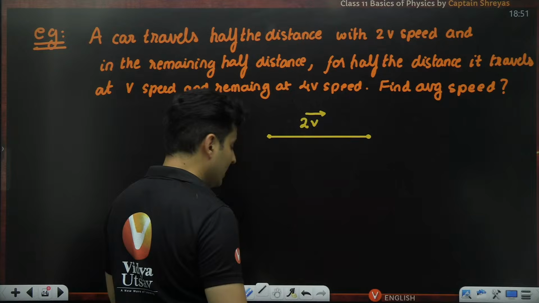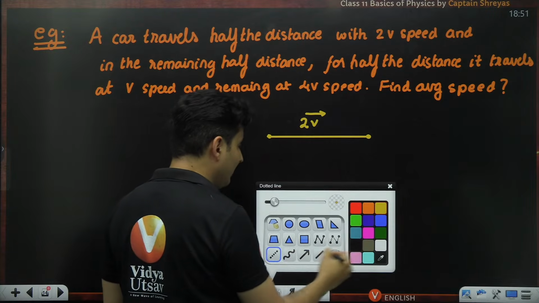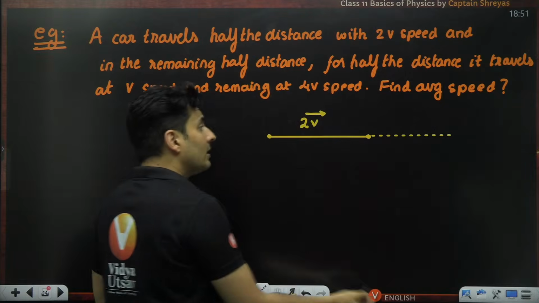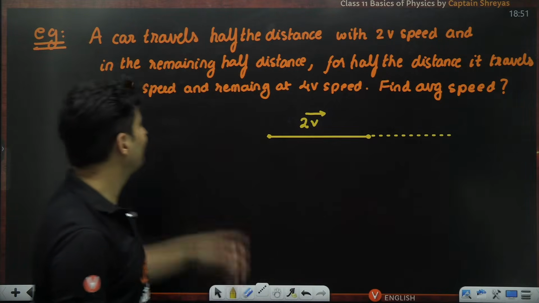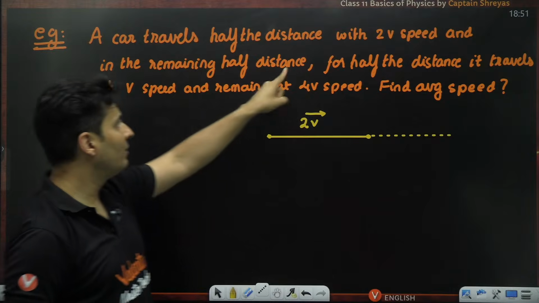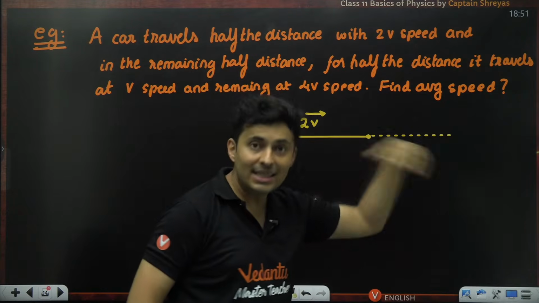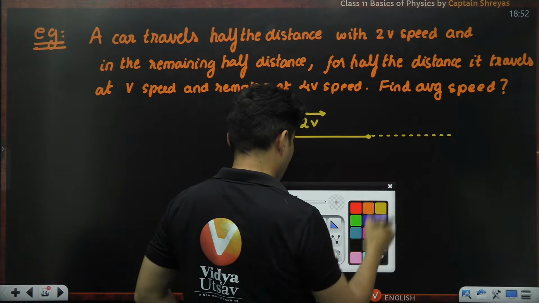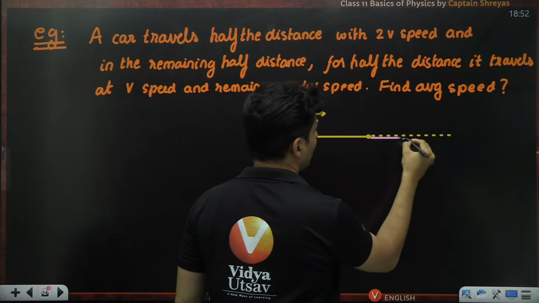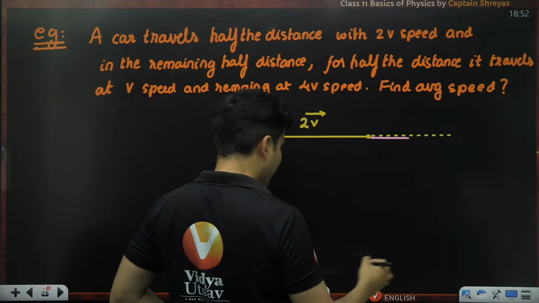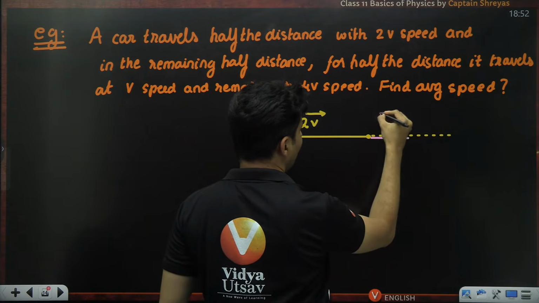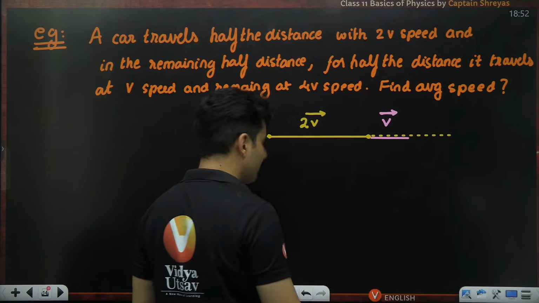Then the remaining half, the half of that remaining half, just this much, it travels with v speed.